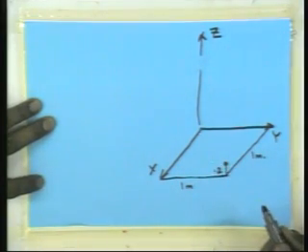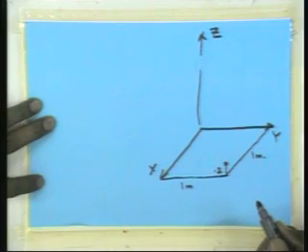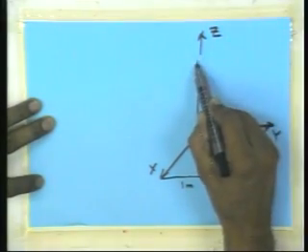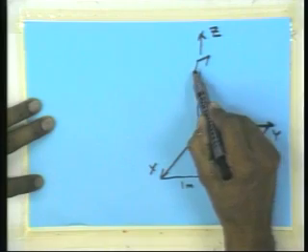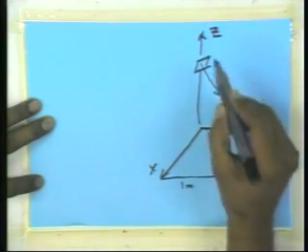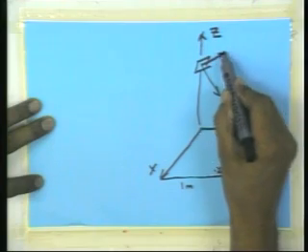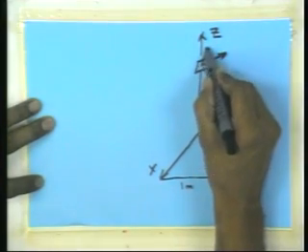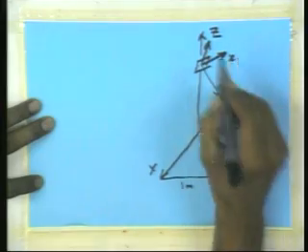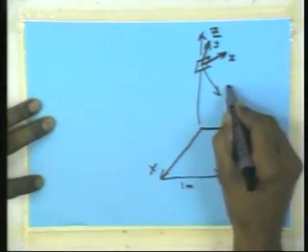This point, I want to know where this will appear if I had a camera which is mounted with the image plane with the axes. So this is my x axis, y axis and small z axis.